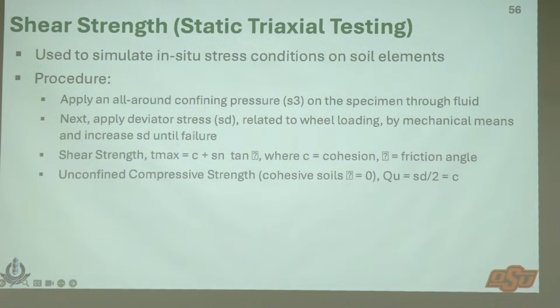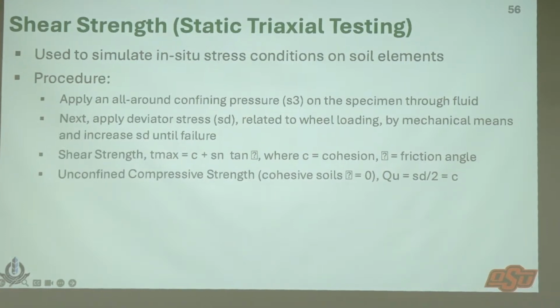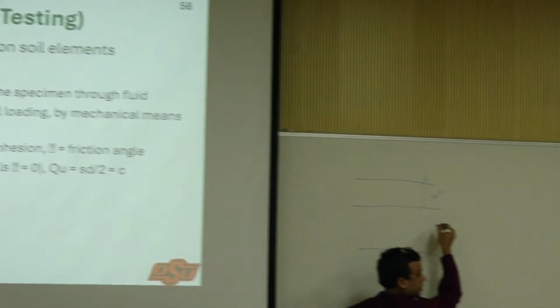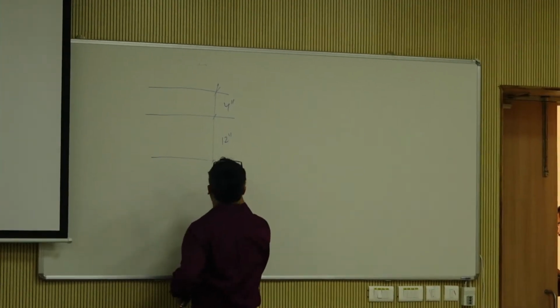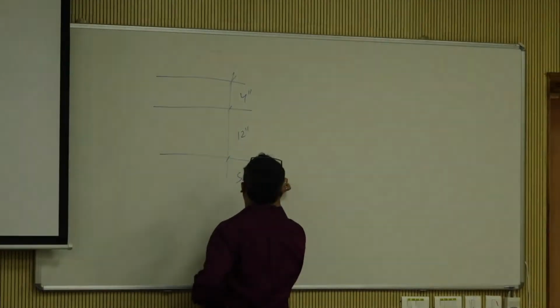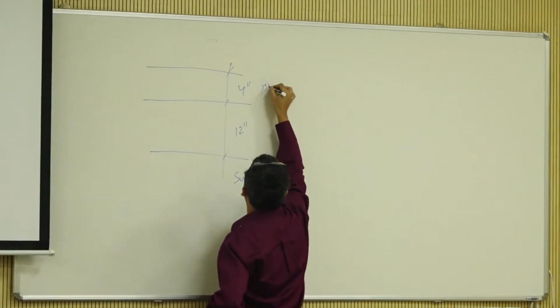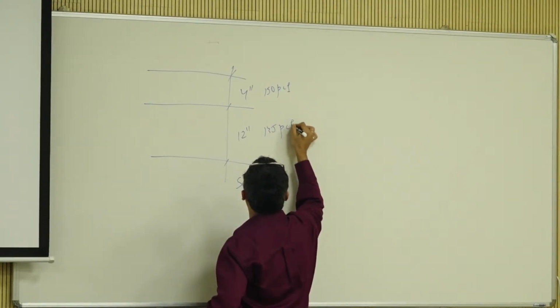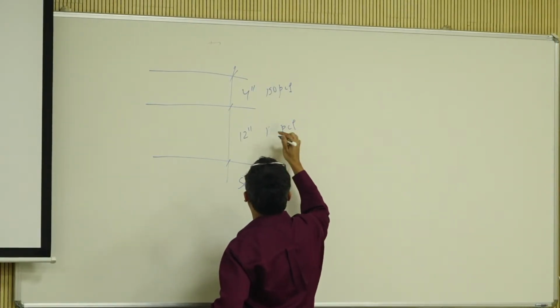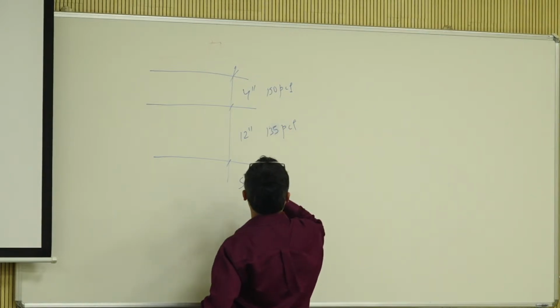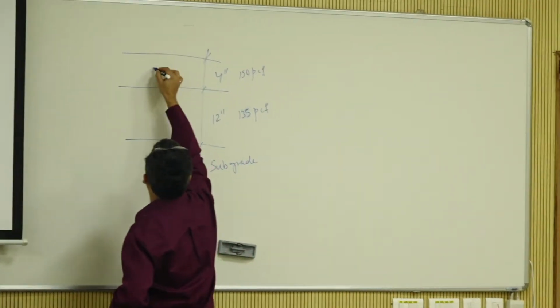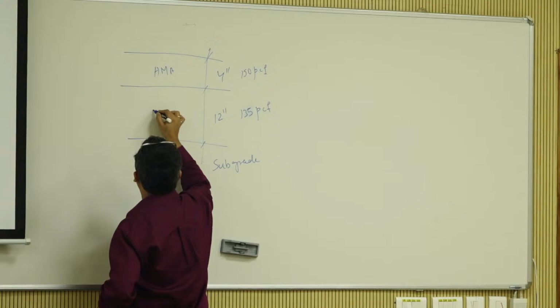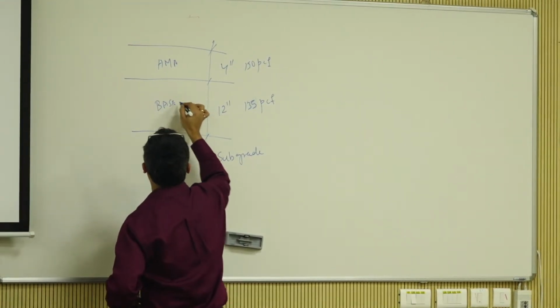Okay, so 4-inch HMA, 12-inch base, we said 150 PCF and 135 PCF. So let's do this.